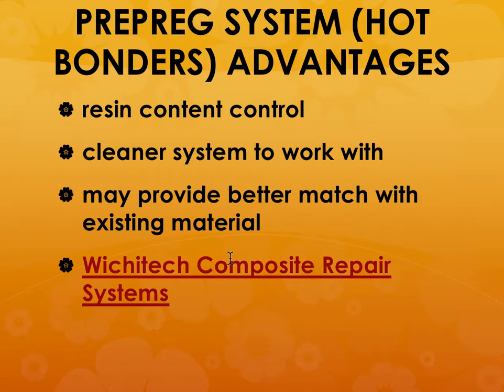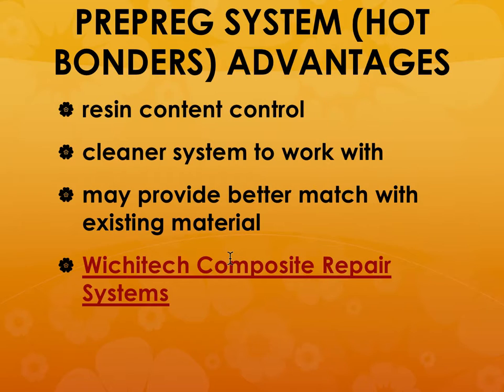If you use a pre-preg system with fabric or with milled fibers or chopped fibers, the advantage is that you can control the amount of resin that you are adding into the material, and it is a cleaner system to work with, and it may provide a better match with the existing material.